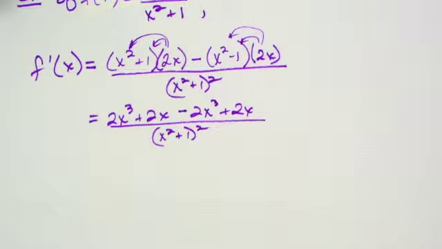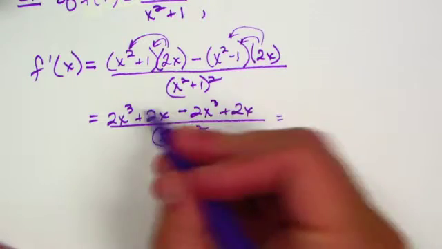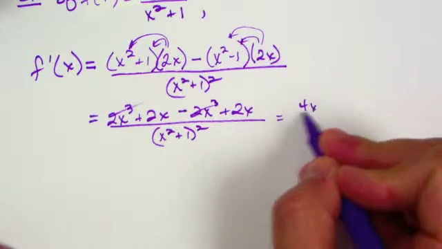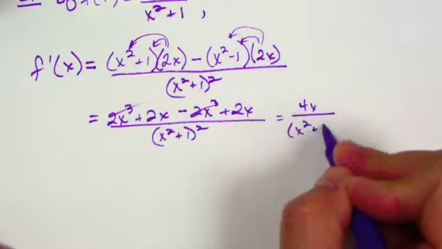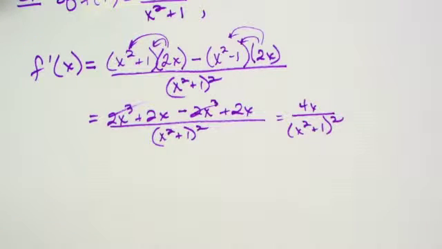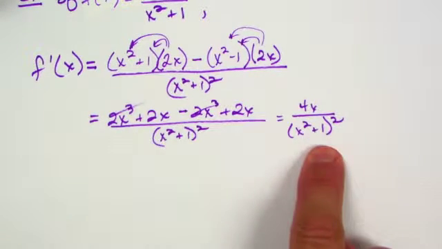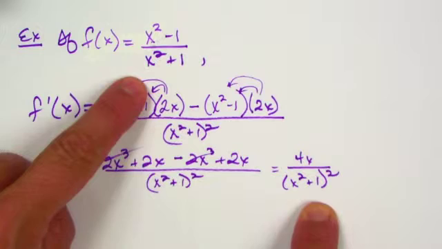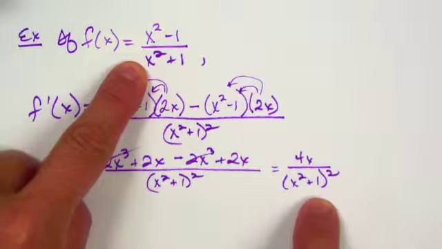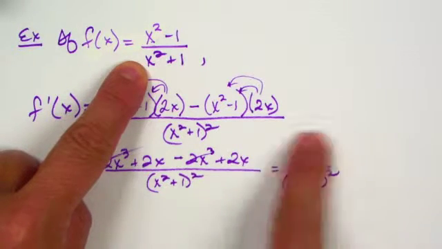There's no reason to expand that binomial in the denominator, by the way. So those go away, and I get 4x over x squared plus 1 squared. This is the derivative of this. What does that mean anyway? What have I just found?